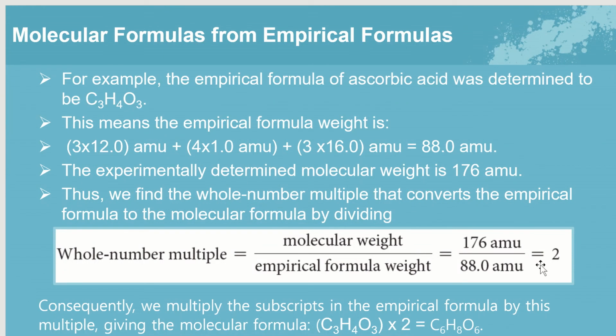Consequently, we multiply the subscripts in the empirical formula by this multiple in order to get the molecular formula. So 2 times 3 gives us 6, 2 times 4 gives us 8, and 2 times 3 again gives us 6. So we have successfully converted our empirical formula to our molecular formula.